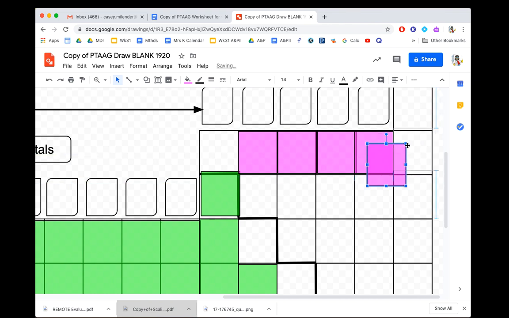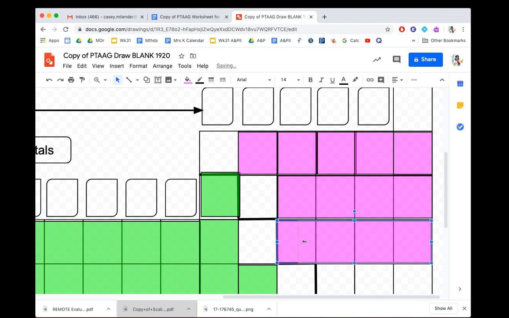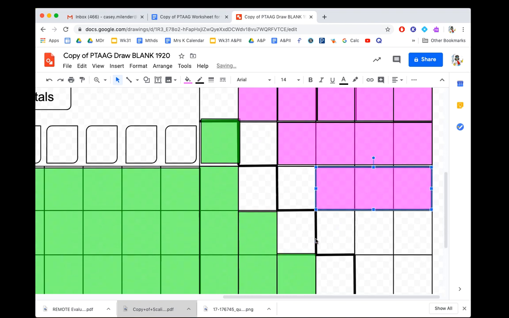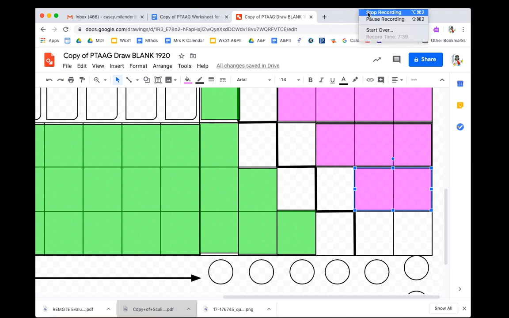Well, I don't need to do it for the last two, but now what I can do here and drag it over, I can duplicate that, except that it doesn't include that one, and I can duplicate that, but it doesn't include that one.